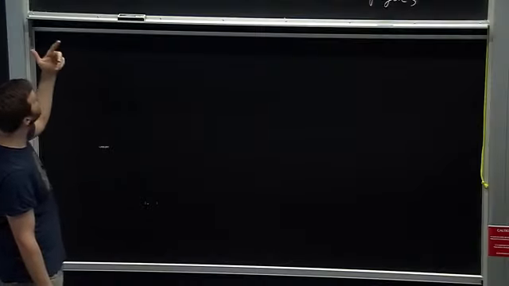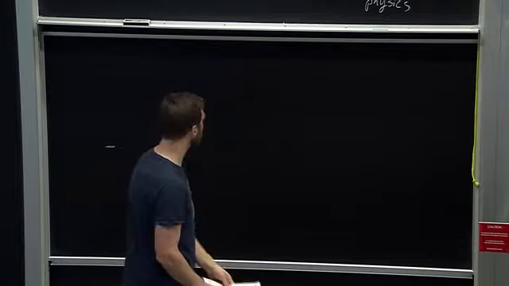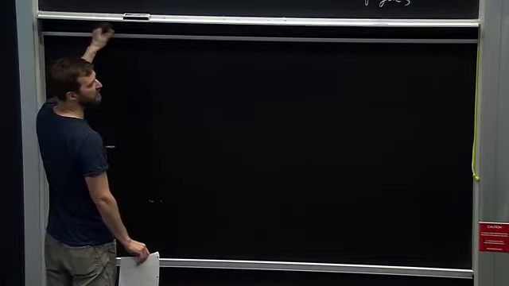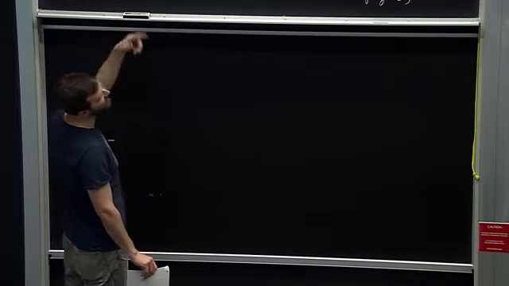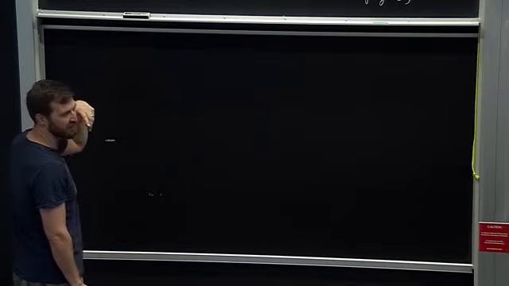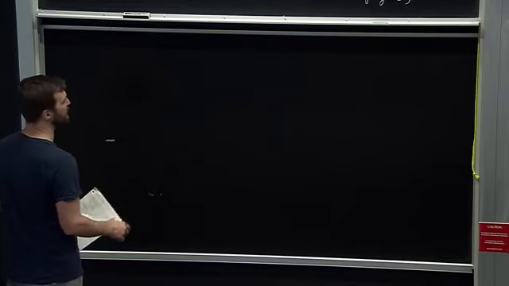Kosterlitz-Thouless transitions in 2 dimensions are also prototypically seen in helium. So let me talk a little bit about that, because in that case, the vortices correspond to vortices in some sort of mass flow in the superfluid fraction of helium.